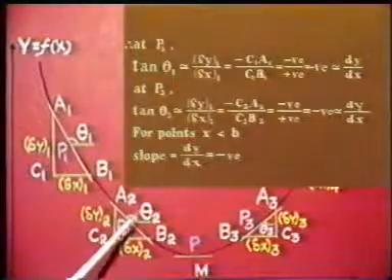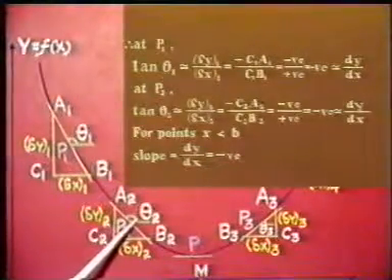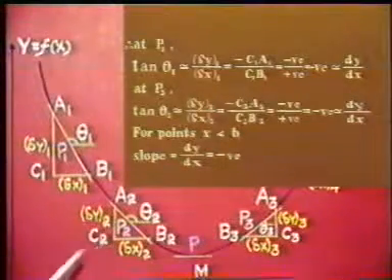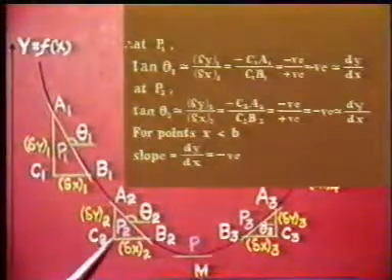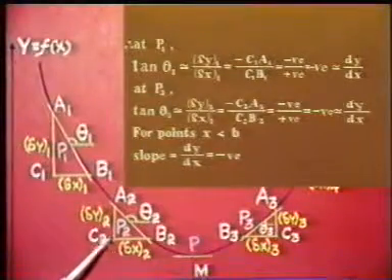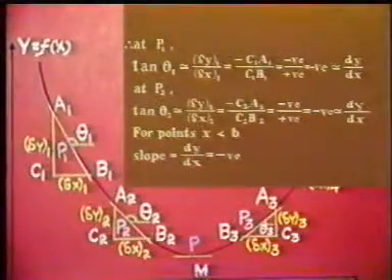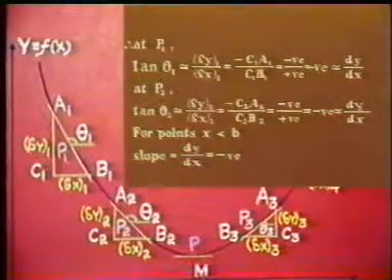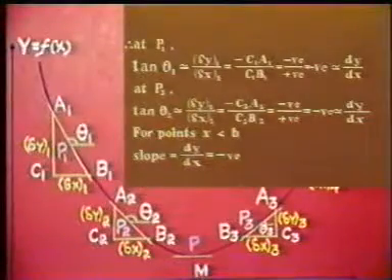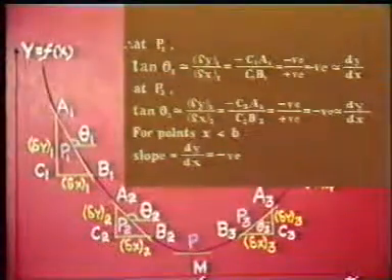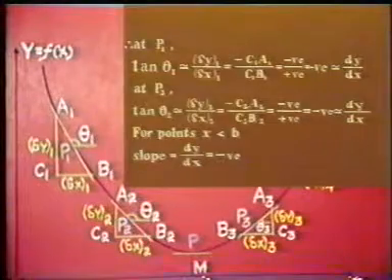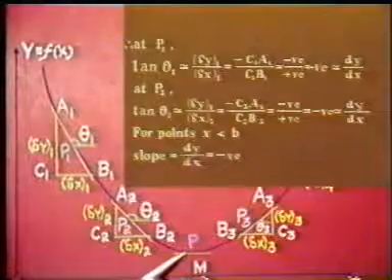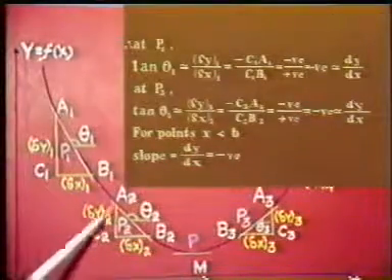At point P2, tan theta 2 is approximately equal to delta y2 divided by delta x2 is equal to minus C2A2 divided by C2B2, is equal to negative divided by positive, is negative, and is approximately equal to dy upon dx. Thus, at any point on the left of point P, that is x less than b, dy upon dx is negative.